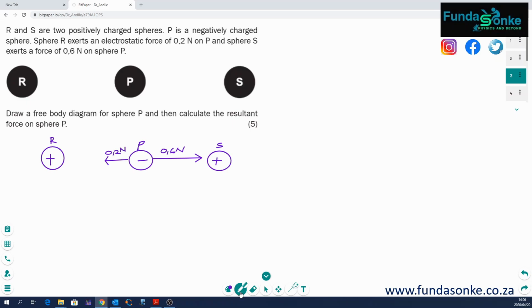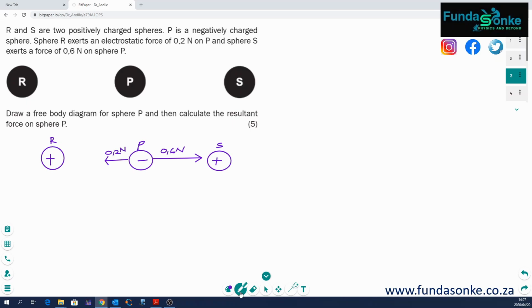But then the question says we need to draw a free body diagram. And remember, with free body diagrams, your object is considered to be a point mass. So the object under investigation is just a small point. You don't necessarily have to draw a whole big circle like in your force diagram.